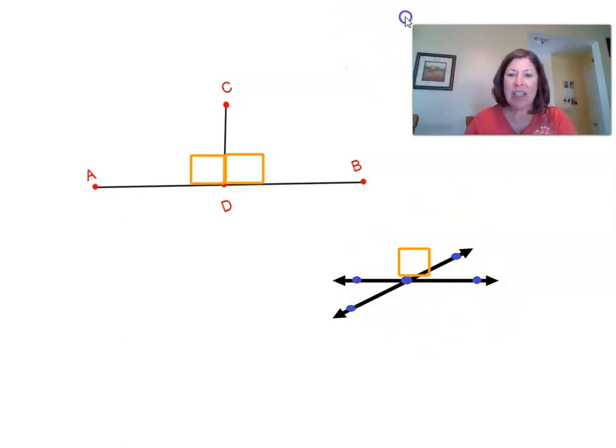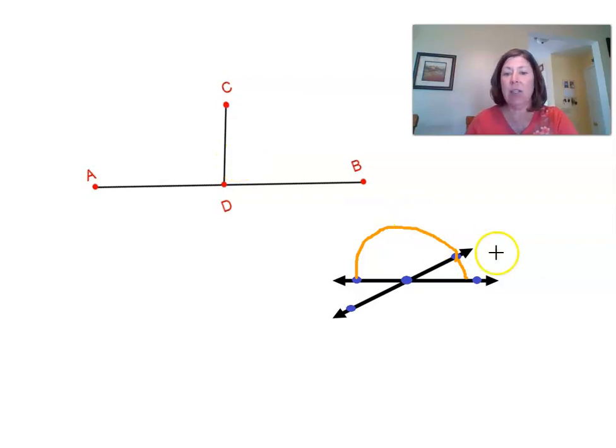And actually, I can clearly see that this here, if I go from here and make an arc, that to me is definitely an obtuse angle. And then if I go over here, that's just a little acute angle. So this set of line segments, perpendicular. This set of lines, not perpendicular. Now we're going to move to our whiteboard.